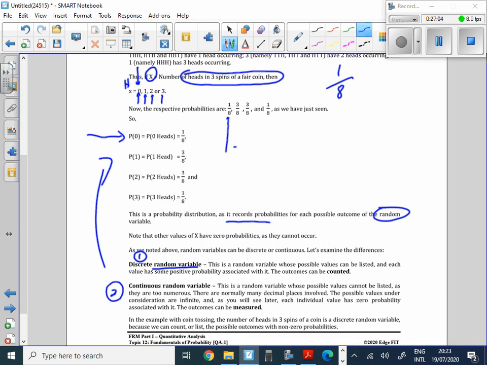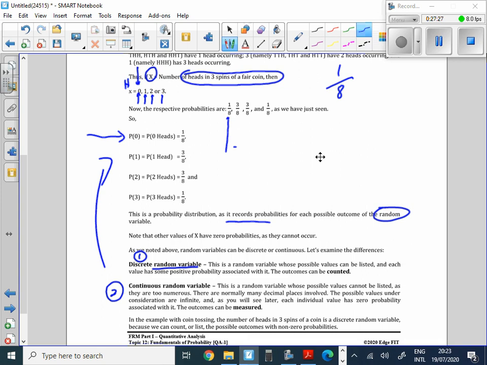They can be measured, though. Discrete ones are quite simple, and those are most of the ones that we deal with. But a continuous variable has too many possible outcomes.